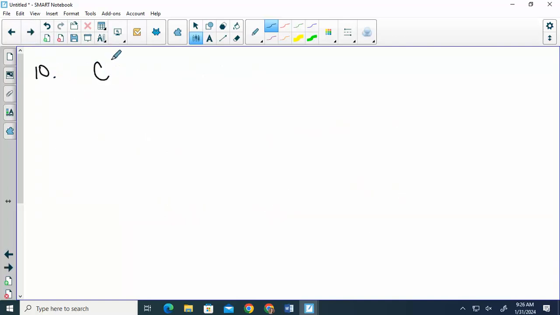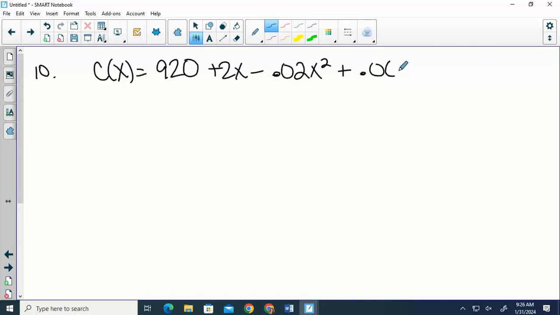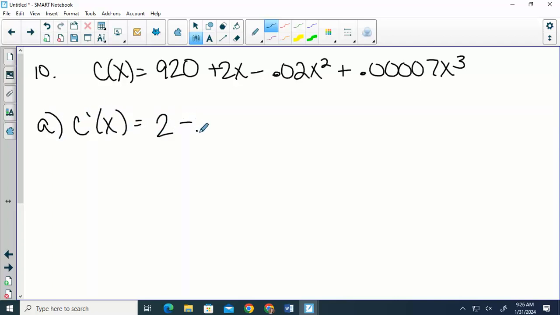So we know our cost equation. Marginal cost is what? So we get 2 minus 0.04x plus 0.00021x squared.